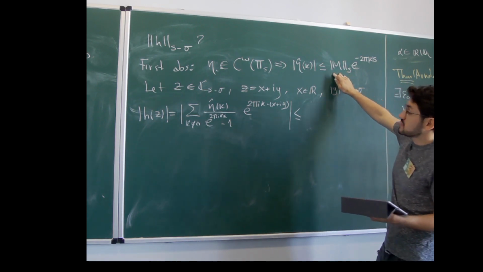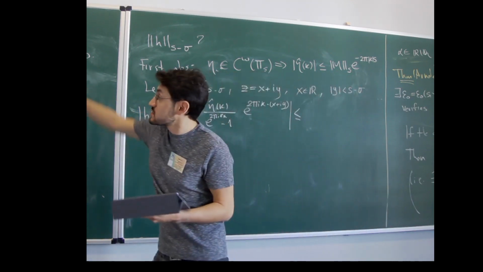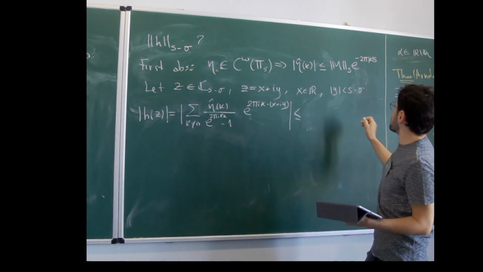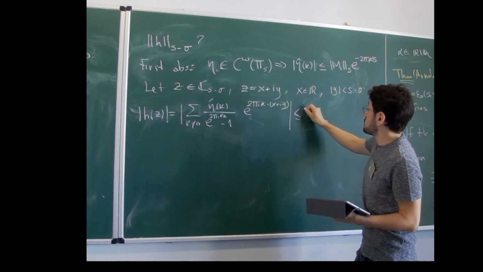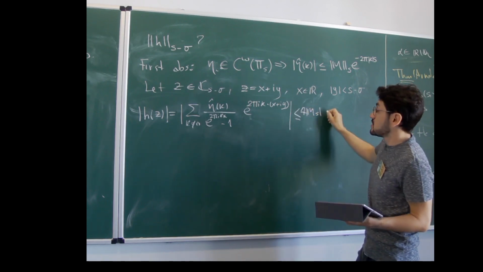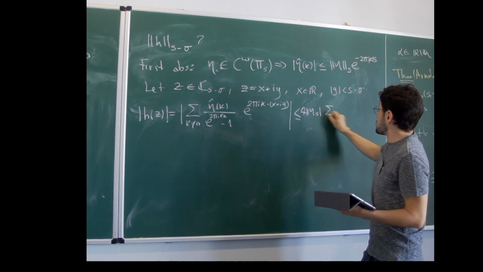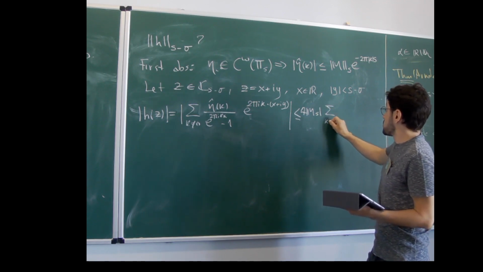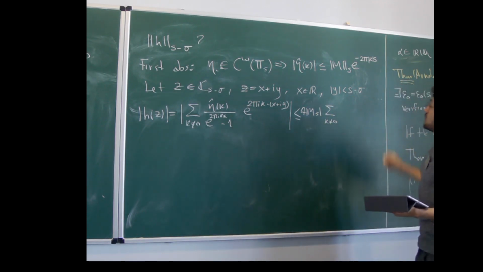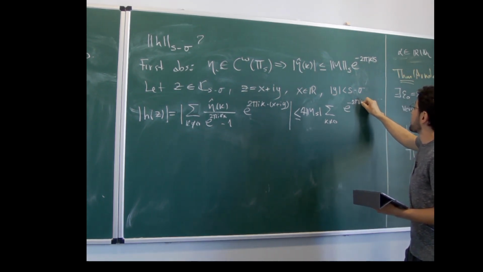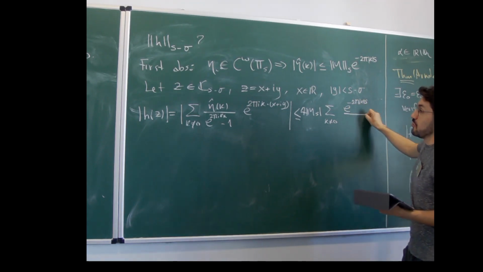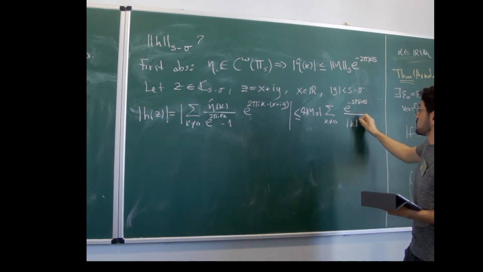So I will use this, and I will use this. So what do I get? I get this here, 4 over there, sum of k different from 0. Let's do the calculations. Exponential of minus 2 pi k s over k to the tau plus 1.